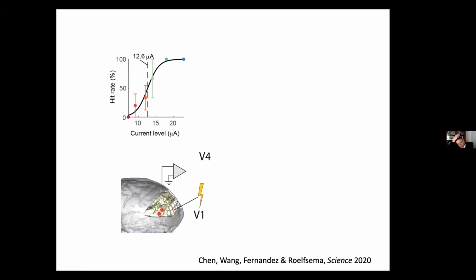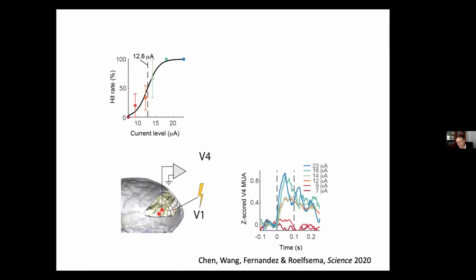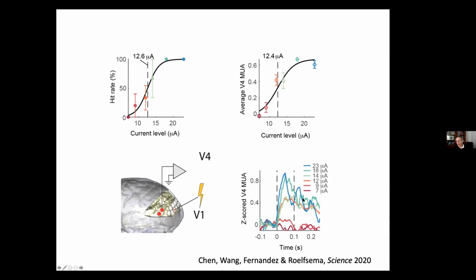It's interesting if you then record from area V4: if you give a weak stimulus below threshold, it doesn't elicit as much V4 activity. And the moment you start to come close to the threshold, suddenly V4 activity increases. There's a very nice match between the V4 neurometric function and the psychometric function.